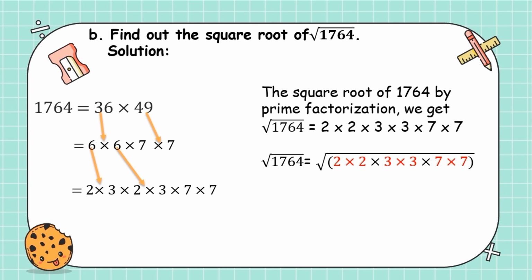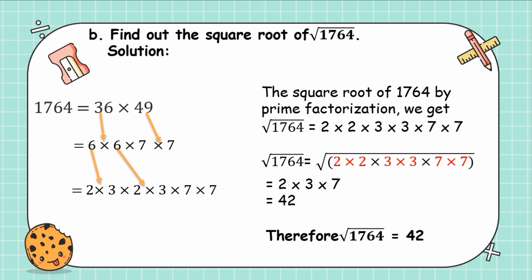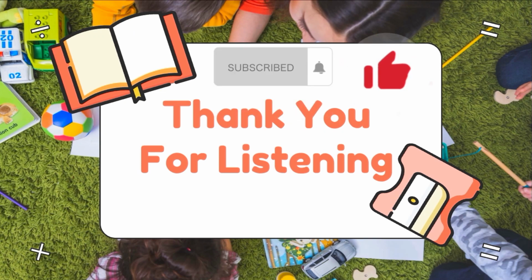Then we have here 2 times 3 times 7, which gives us 42. Therefore, the square root of 1764 is 42.